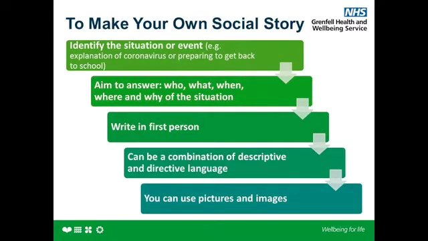It's also recommended that you write in first person, as well as using descriptions and directives. And lastly, think about how to make your social story look appealing for your child. You can add pictures of them or their favourite items in a border, just to make it that bit more appealing to them and unique.